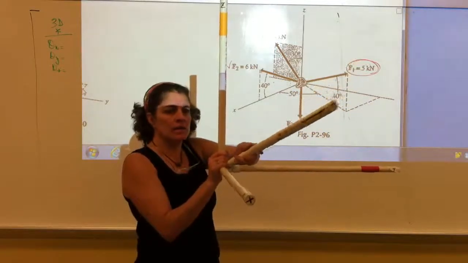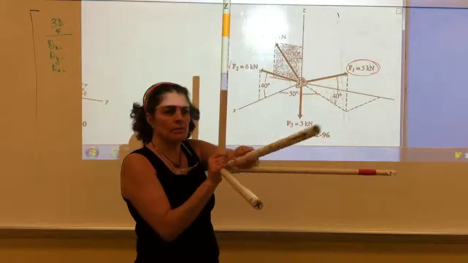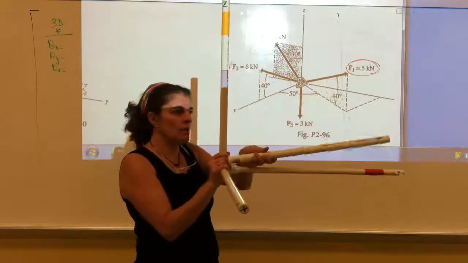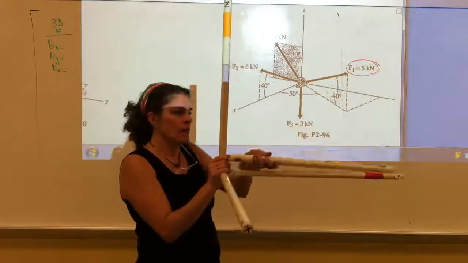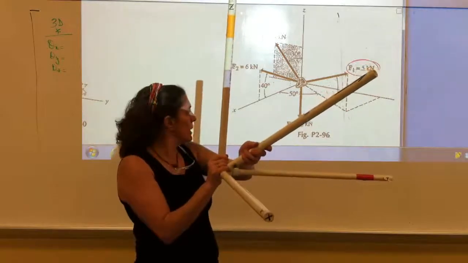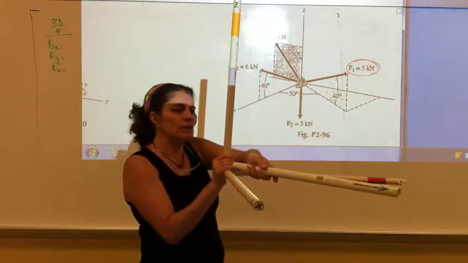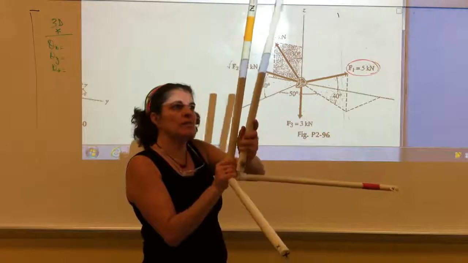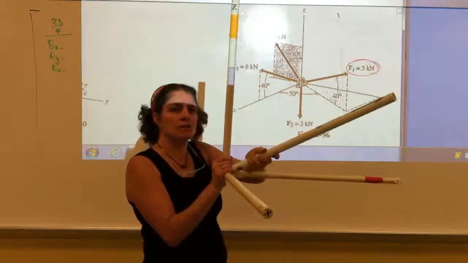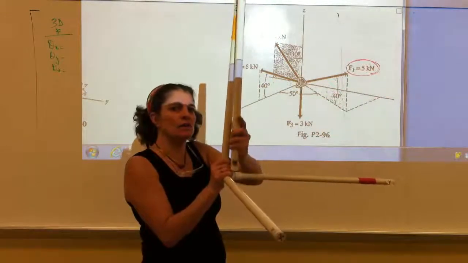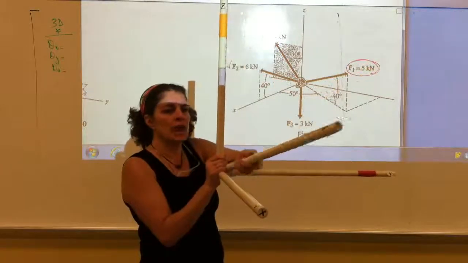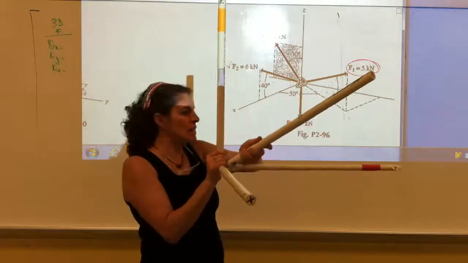Are they giving us theta x? No. Theta y? No. Theta z? Well, if we know it's 40 degrees to go down to the plane, then this right here must be 50 degrees. So they are giving us theta z.